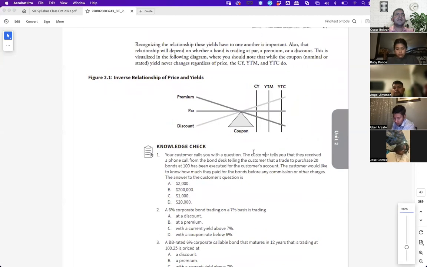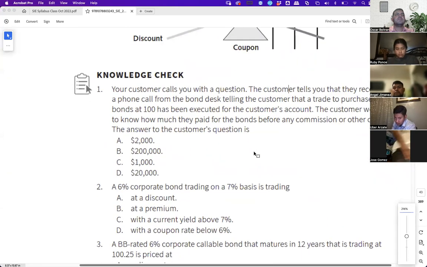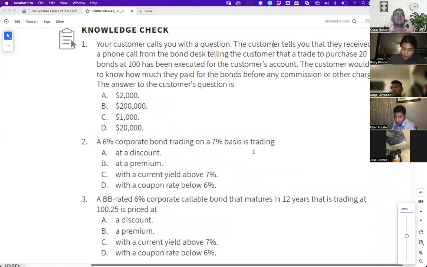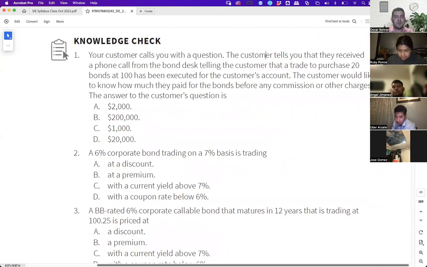All right, so now let's answer this question here. Your customer calls you with a question. The customer tells you that they received a phone call from the bond desk telling the customer that a trade to purchase 20 bonds at 100 has been executed for the customer account.